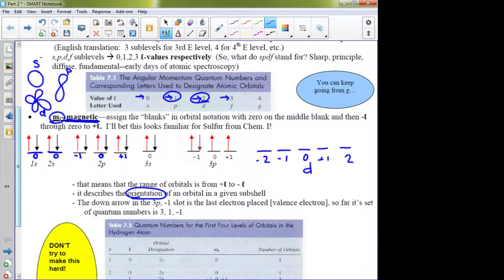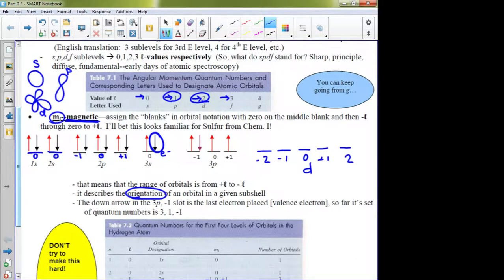Now, each of these arrows represents a what? Electron. Each arrow represents an electron. So if I ask you what is N equal to for this electron that I just circled, what is N? 3, right?